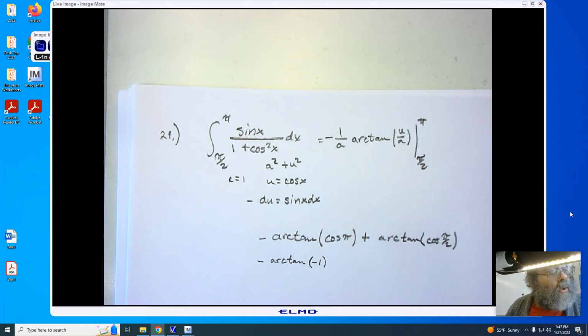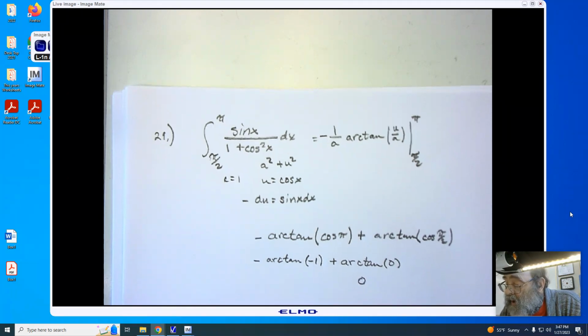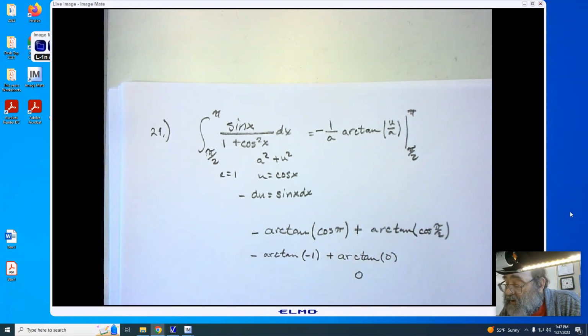Let's just make sure. And let's now go plus. And I have the arctangent of 0. Now we know that the arctangent of 0 is 0. And I'm now going to have to find the arctangent of -1. Now let's think about this.